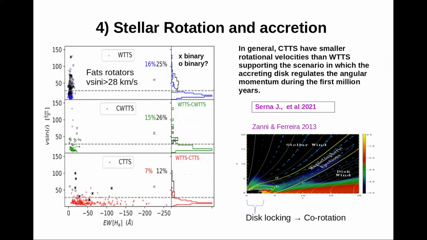Well, I see variation from one population to another, a similar result to what Cesar Briceño presented yesterday, in which different stellar populations with different ages have a different fraction of classical T Tauri stars. I don't know if this is the answer that you are looking for.